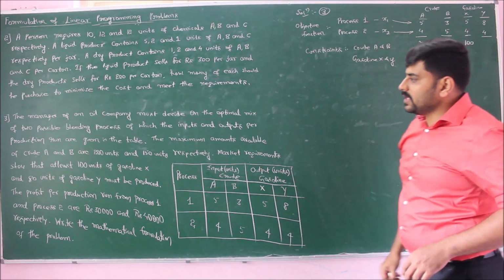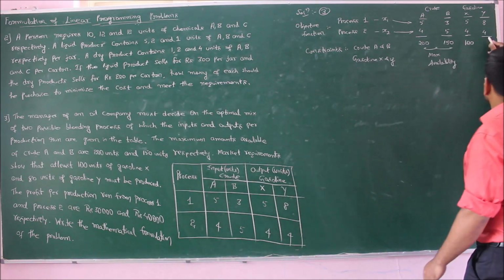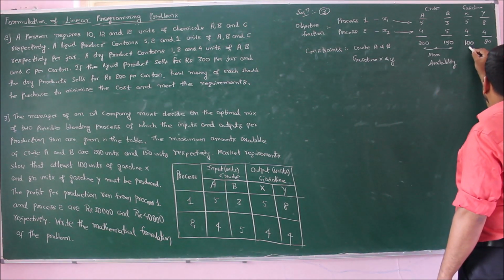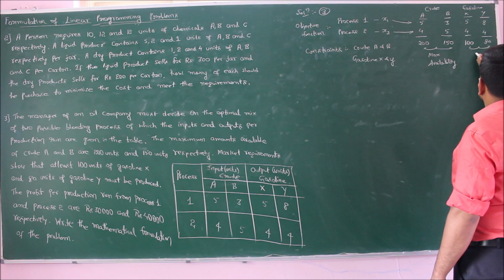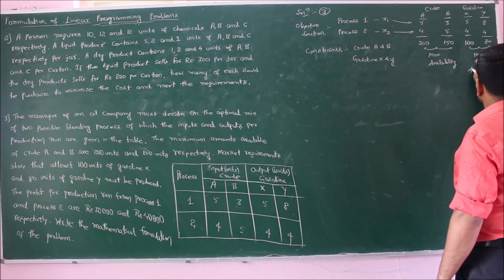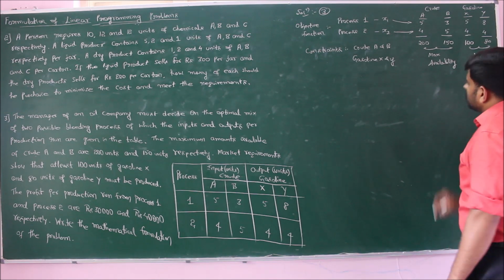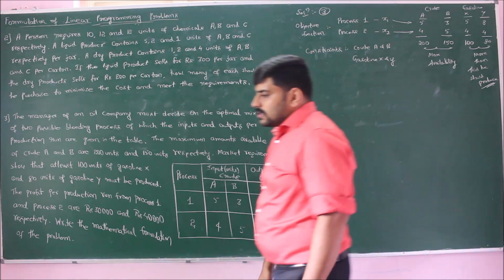If it should be in profit, it should produce a minimum of 80 units of gasoline Y. More than that, it should produce. Then only it will be in profit.